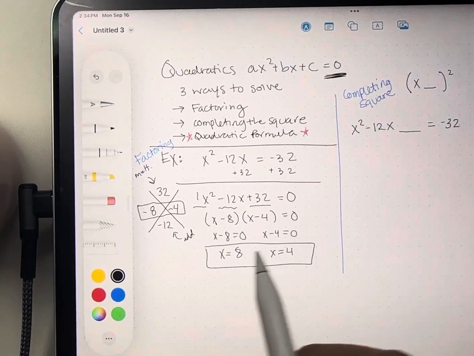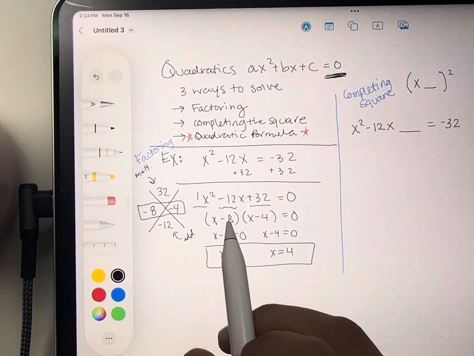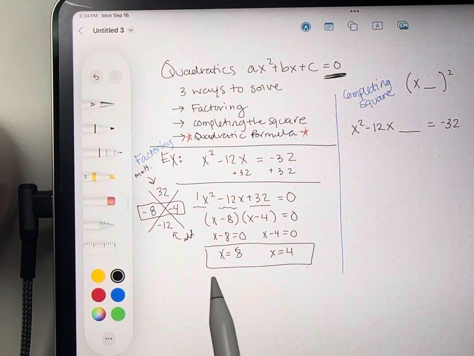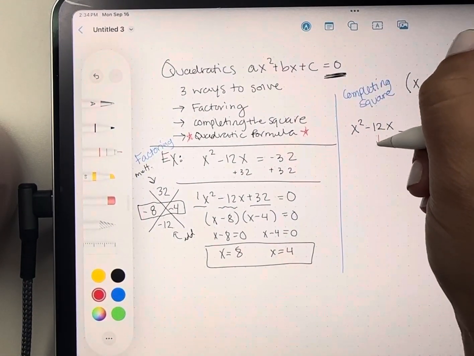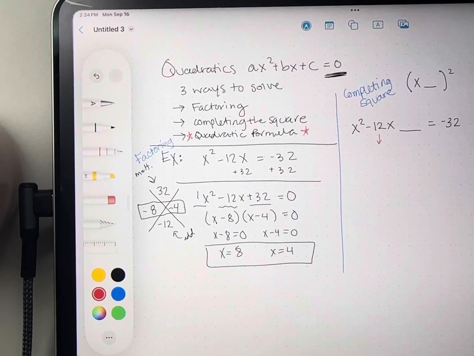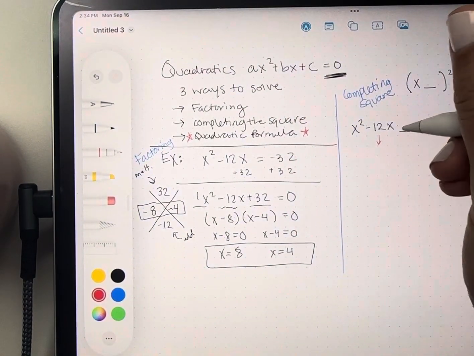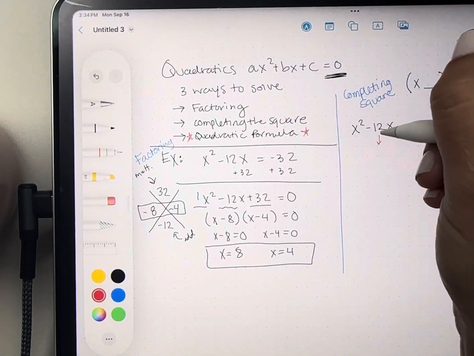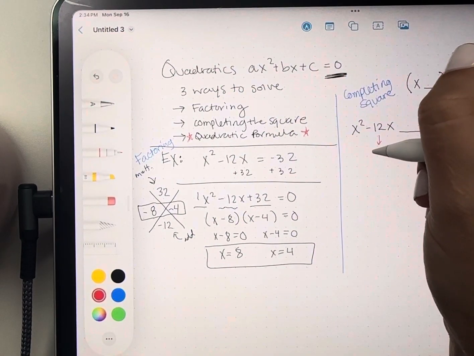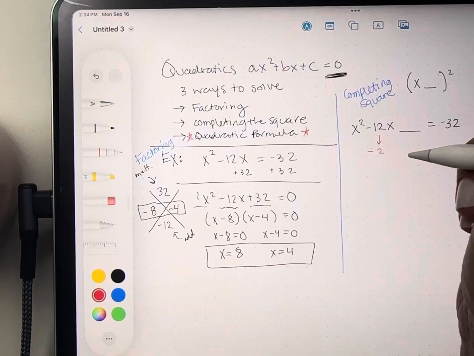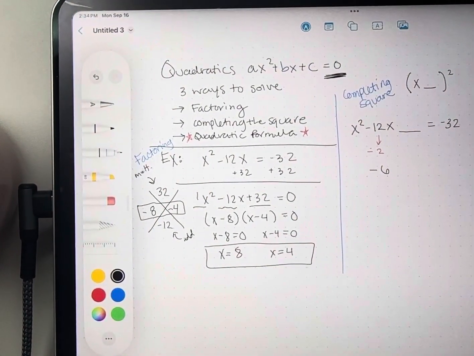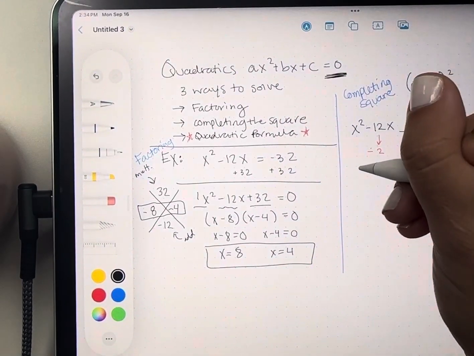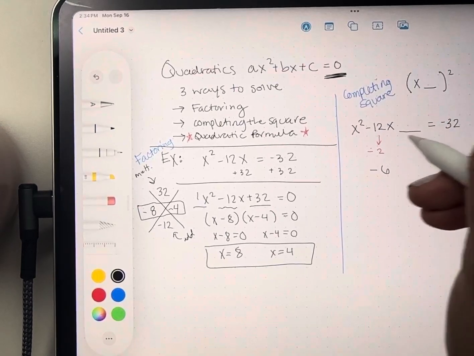I want this to factor like this did, but with the same number in both spots, okay? There's only one way that can happen. To find that magical number, we first divide this number, the negative 12, by 2. So we divide this number by 2. And what we get is negative 6, and we jot it down on the next step, okay? That negative 6 is going to be what this will factor to.